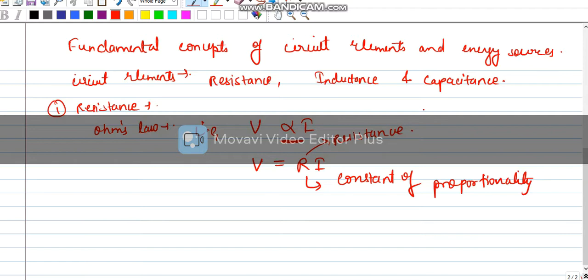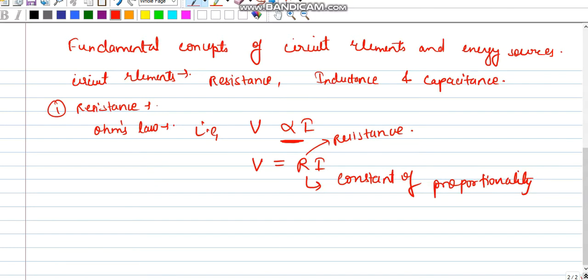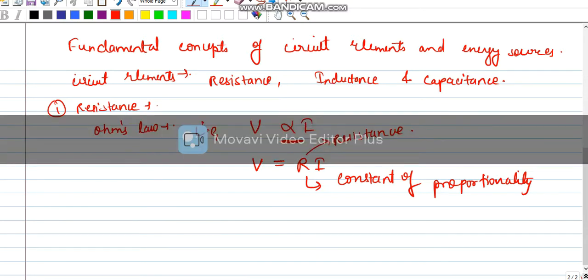So what is resistance? Electrical resistance is the property of the material by virtue of which it opposes the flow of electrons through the material. That means it restricts the flow of electric current in the material. So this is the definition of electrical resistance. The unit of resistance is ohms.